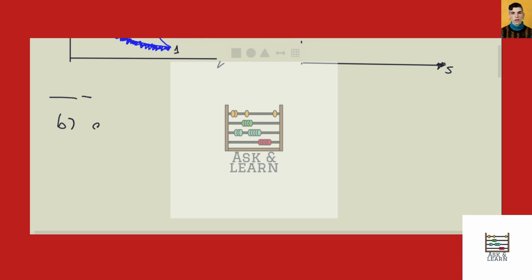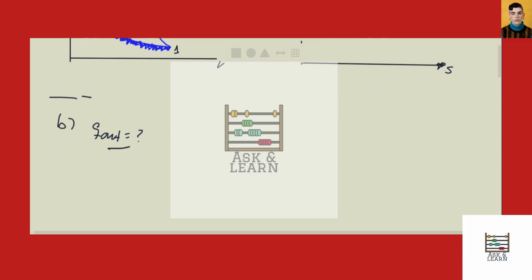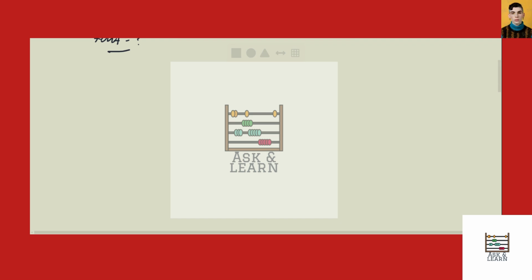In item B, we want to find the output heat of the cycle. So the output heat, as we can see in the diagram, is represented. Actually, no, we do not want the output. We want the input. No, that is correct. The heat rejected. So the heat rejected is the output heat.